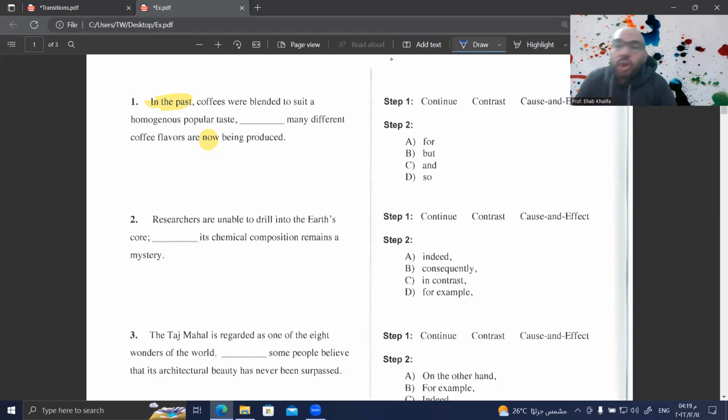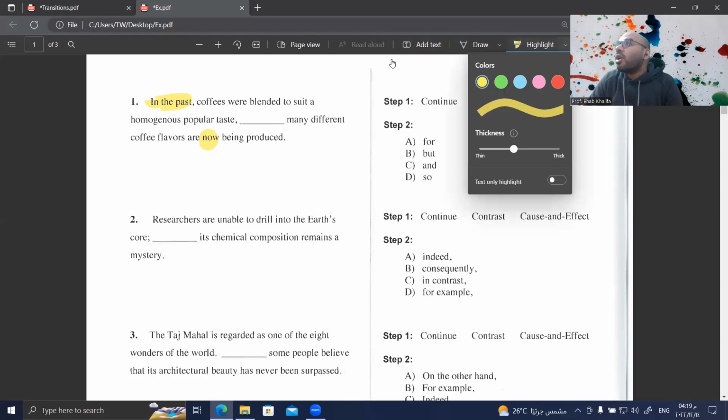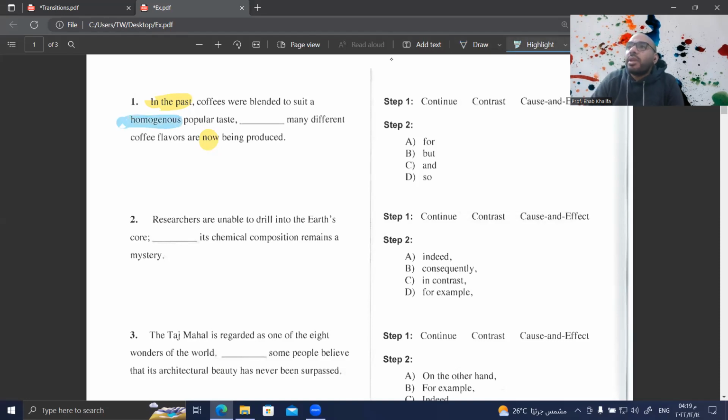Can I ask you about the meaning of a word? What does this word mean? Homogeneous means very good? No. What does homogeneous mean, guys? Anas, it means similar or identical, similar, of the same type.